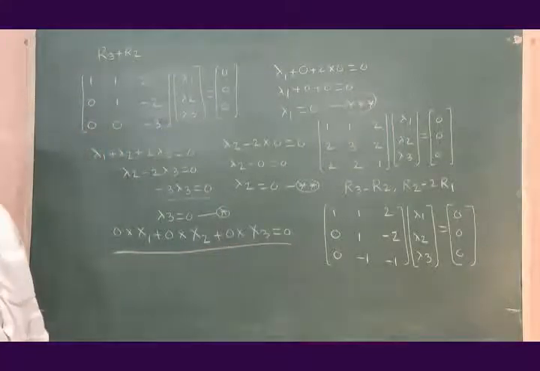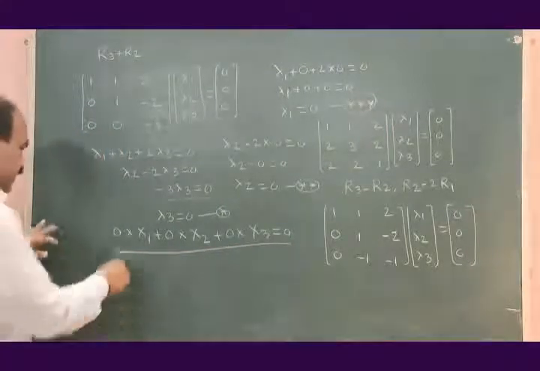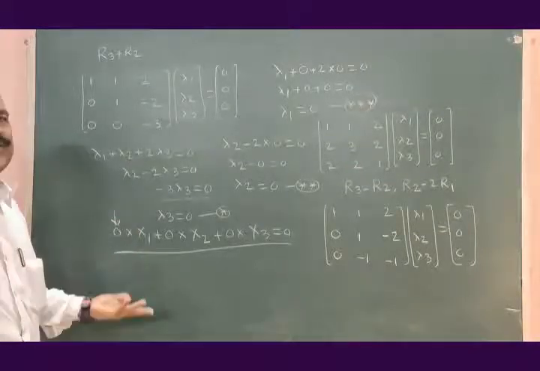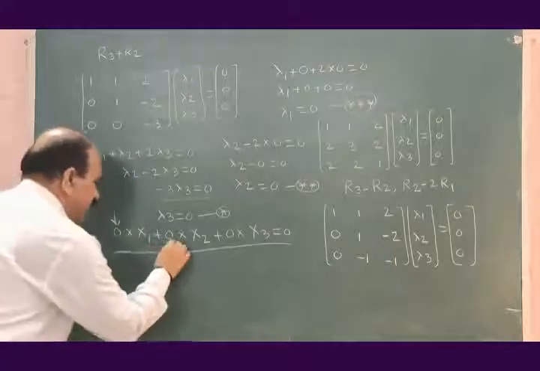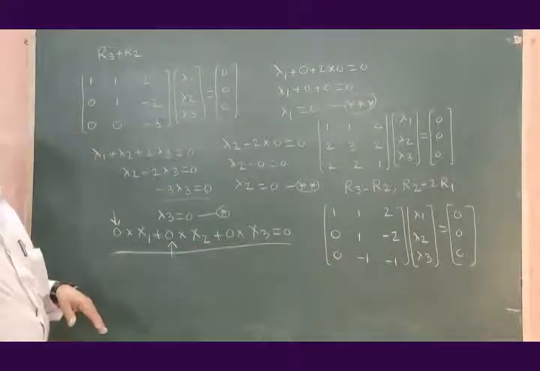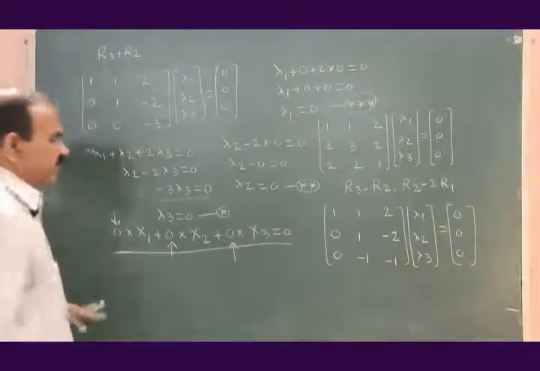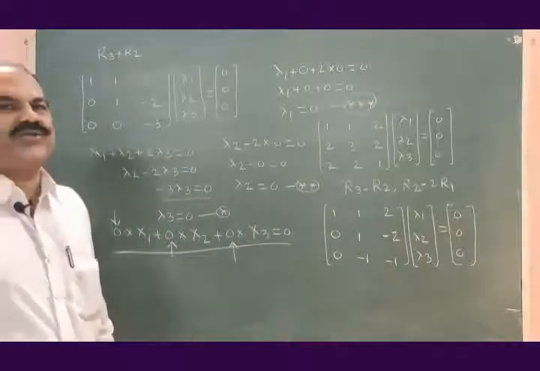What is the meaning of this? First scalar constant is 0. Second scalar constant is 0. Third scalar constant is also 0.